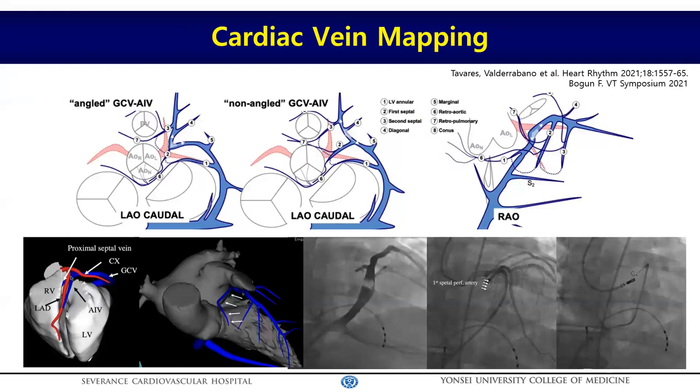This is the anatomy of the cardiac veins organized by Valderrama. Although there are so many variations, the coronary vein map is very useful for planning the strategy before entering the epicardium. Also, you can map the potential epicardial target and inaccessible areas such as the septal or communicating vein area.